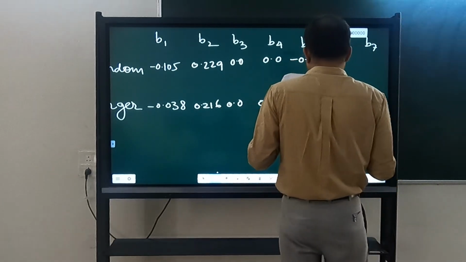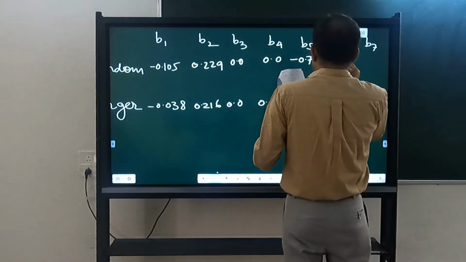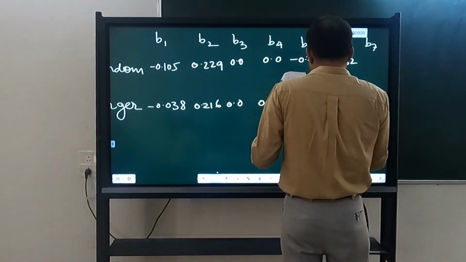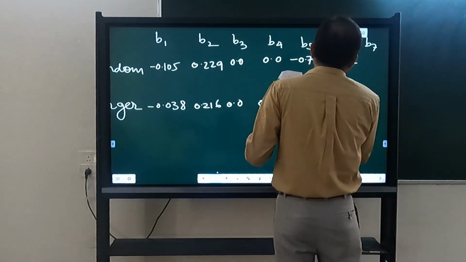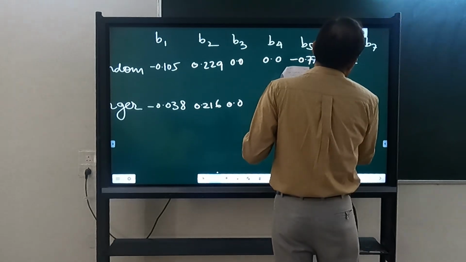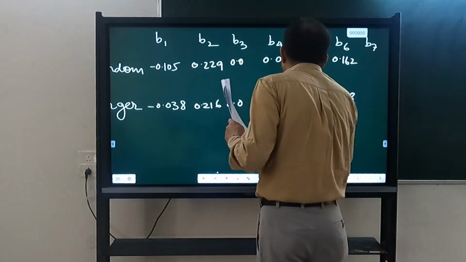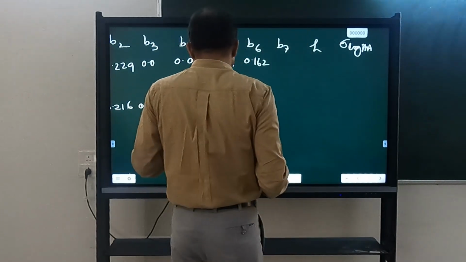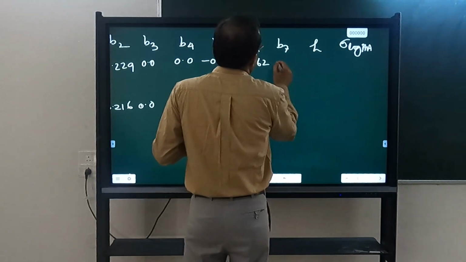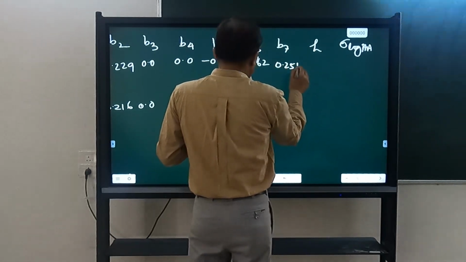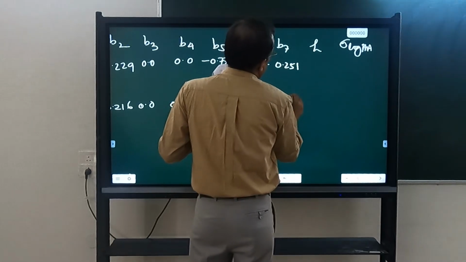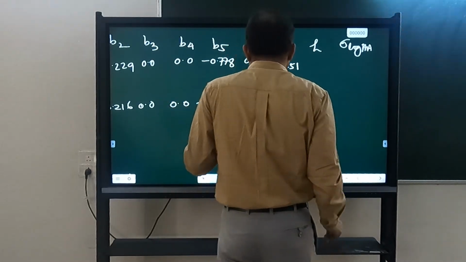B6 is 0.162 and 0.158. B7 is 0.251 and 0.254. You can see slight difference in these.